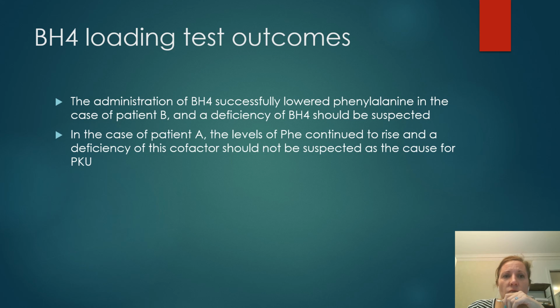In the BH4 loading testing outcome, the administration of BH4 successfully lowered the phenylalanine in the case of patient B, and a deficiency of BH4 should be suspected. However, in the case of patient A, the levels of phenylalanine continue to rise, and a deficiency of this cofactor should not be suspected as the cause for PKU.